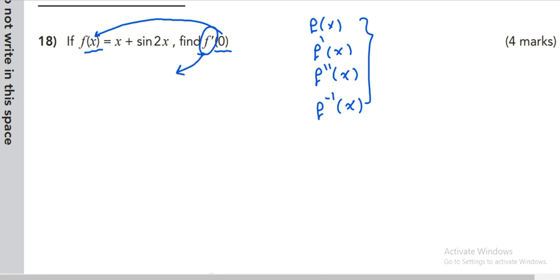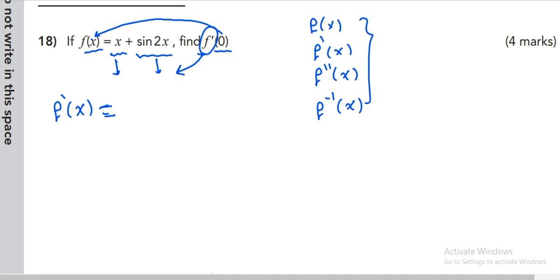F of x equals x plus sine 2x, so f dash of x equals, as we can see, two parts. The first part is x, which is polynomial, and the second part is sine 2x, which is trigonometric. We'll differentiate each part separately, as we said before, between plus or minus, each part separately.